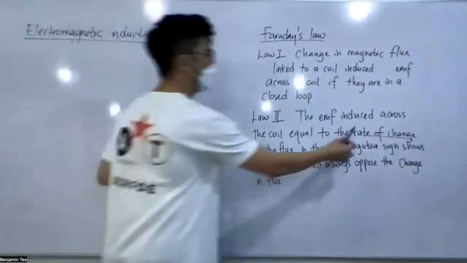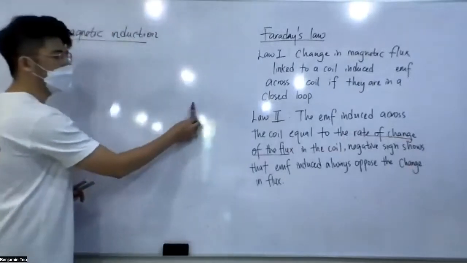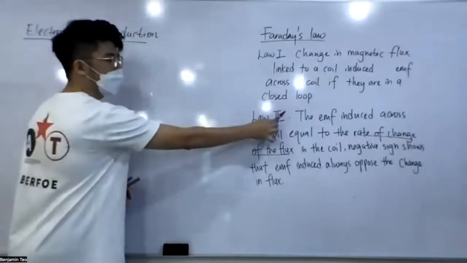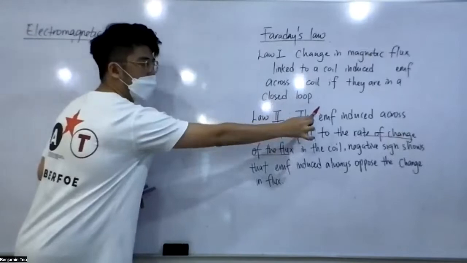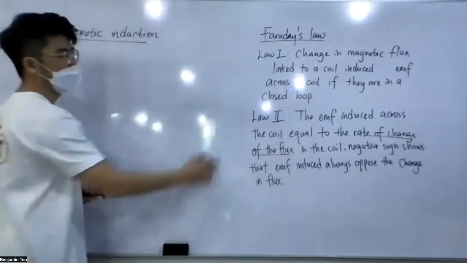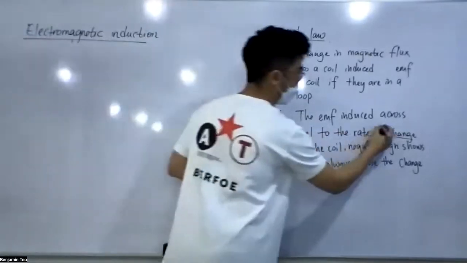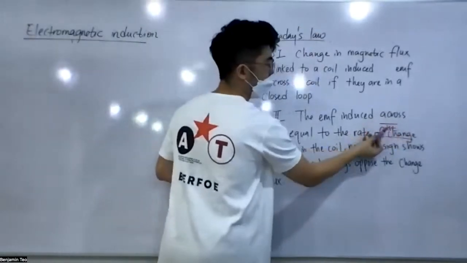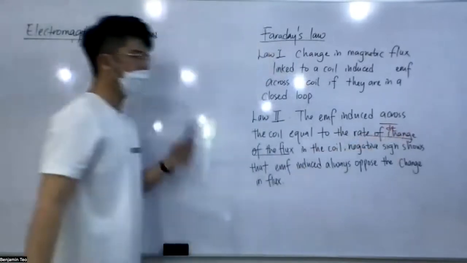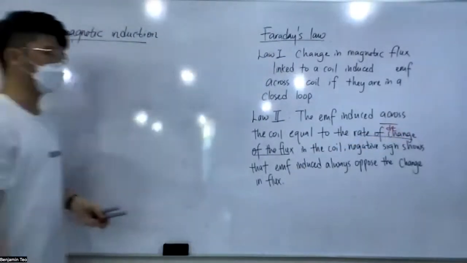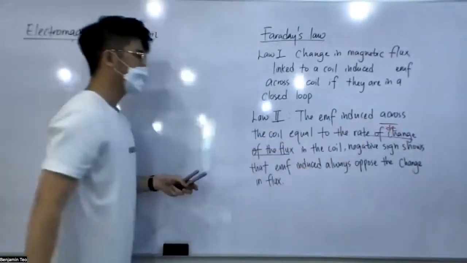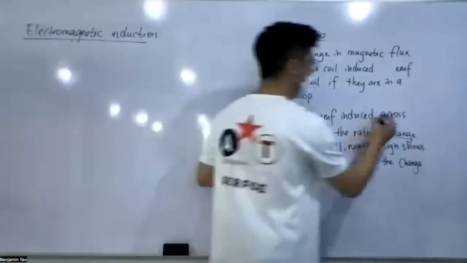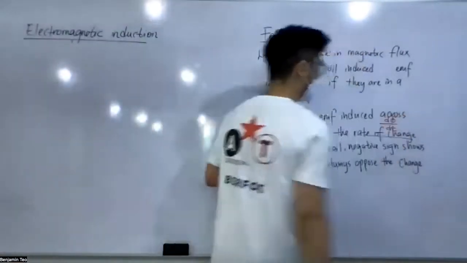Whenever you see rate of change, it is how much something changed when another variable changes by an extent. Oftentimes rate of change is referring to dt, how much something changed when the time changes. It's comparing between 2 variables. So the rate of change of the flux means d phi over dt.